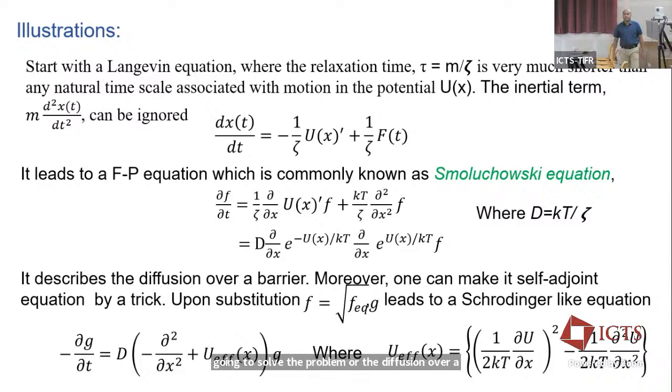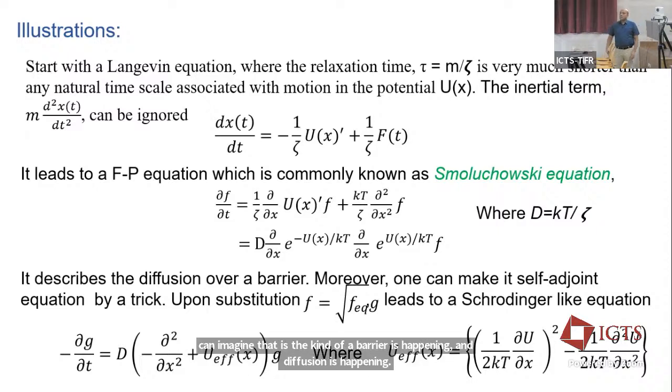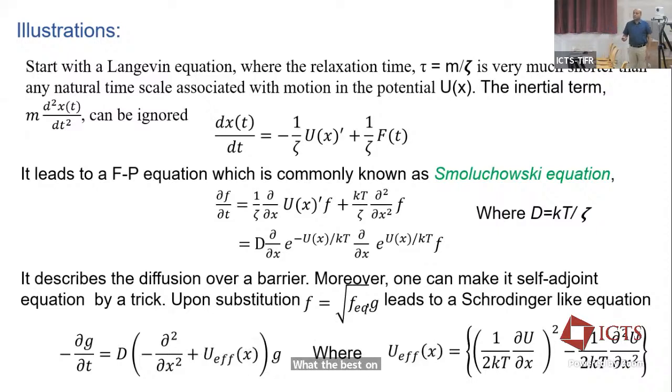Then you can model that kind of system by this Smoluchowski's equation, where this potential is involved, and you can imagine a barrier with diffusion happening over the barrier.